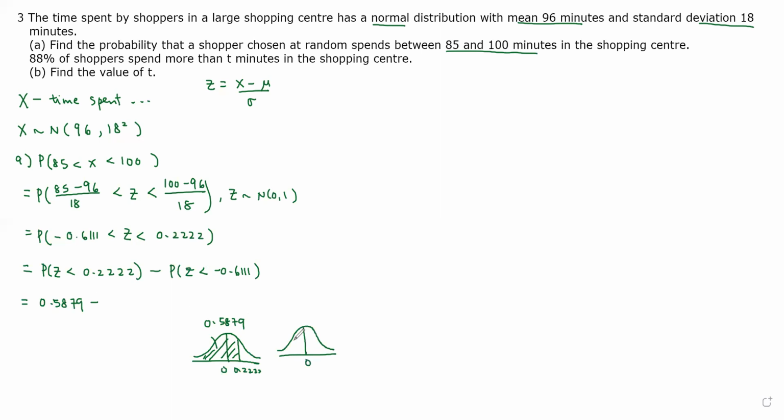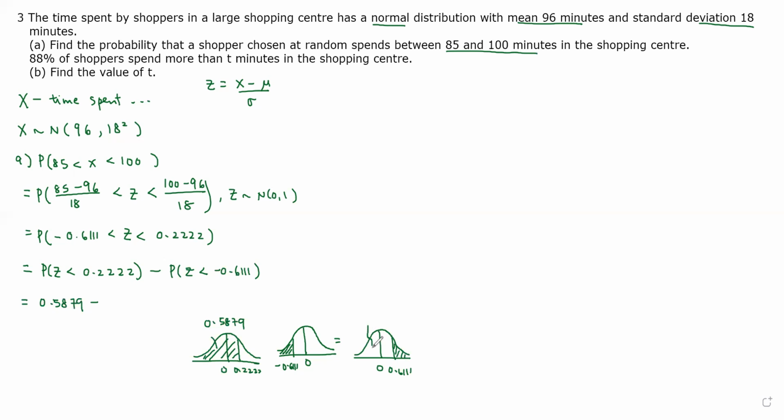The probability that Z is less than negative 0.6111, here 0 and then negative 0.6111, we need to find this area, but that is not given by the standard normal table. So instead of doing this, we look at the symmetry here. We have 0, and instead of looking at the negative part, we have 0.6111. We find this area instead.